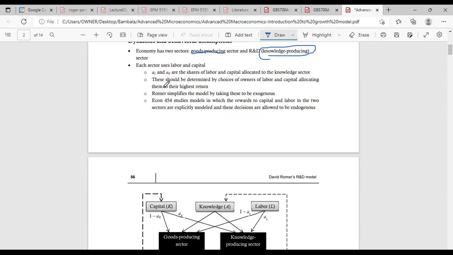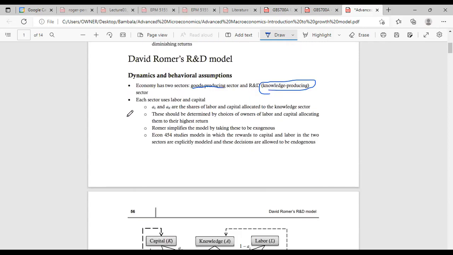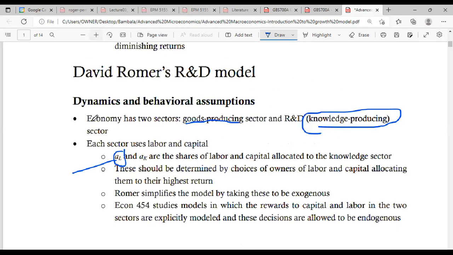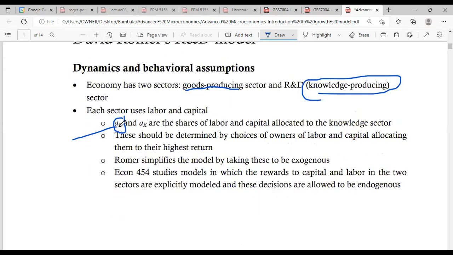So for the proportion of labor, let me just zoom this. Perfect. So this AL is just the proportion of labor, the amount of labor devoted to the knowledge sector. And this is the proportion of capital.